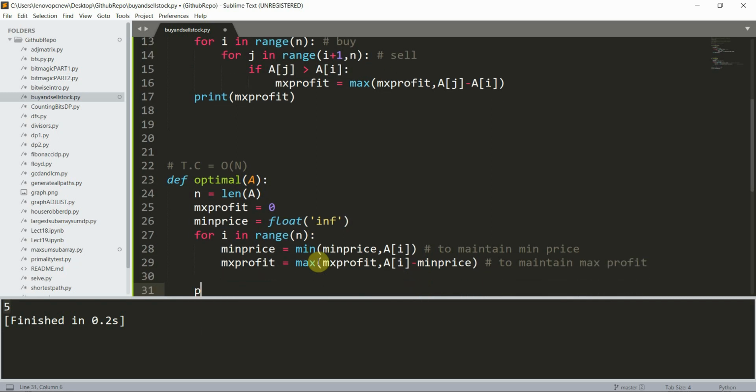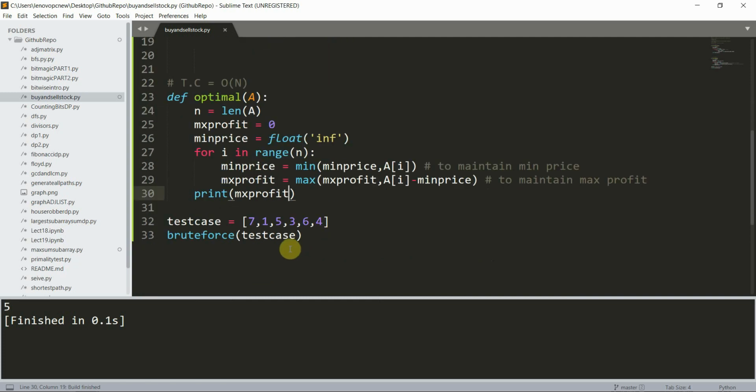And then in the end, you can come up with a print statement, print max profit. So I'll just run this optimal test case.